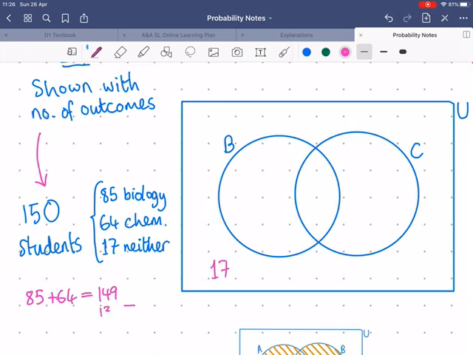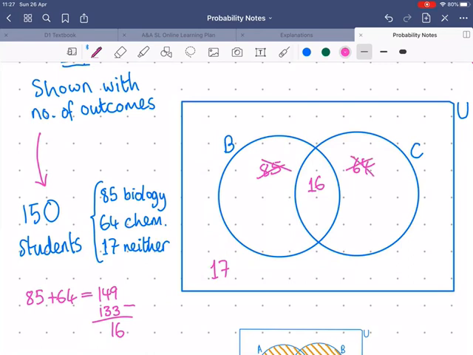So basically what do I need? How many students have I counted twice? Well, I could find the difference here, and it's 16. So those are the ones counted twice, so those are the ones that do both, and those are the ones that I can put in the middle here. And then also very importantly, I don't just put 85 and 64 in here, because I've already counted 16 of them.